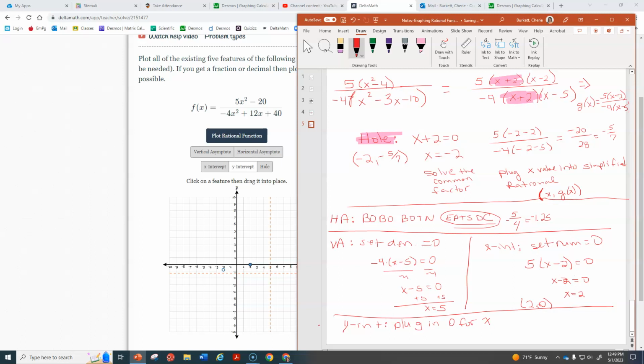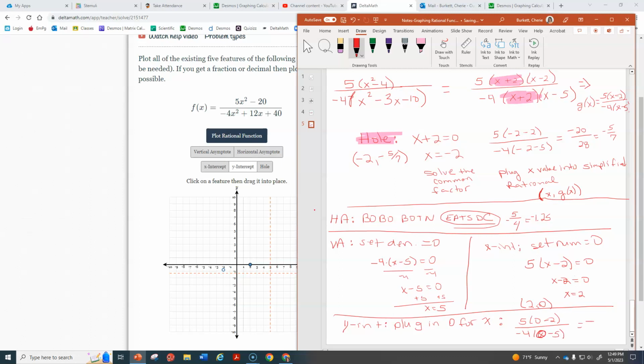So the y-intercept, you again go to the simplified form, and we're going to plug in 0 for x. So we're going to take 5 times 0 minus 2, and we take -4 times 0 minus 5, and then you simplify that.